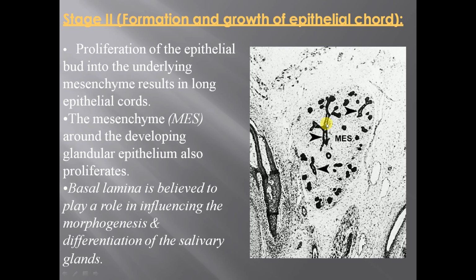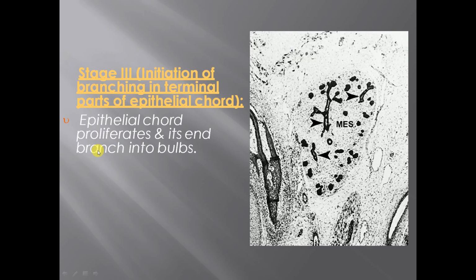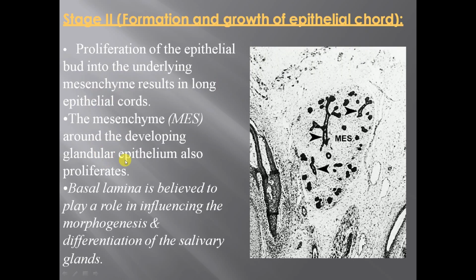Then the mesenchyme around the developing glandular epithelium also proliferates. And the basal lamina is believed to play an important role in influencing the morphogenesis and the differentiation of the salivary gland.